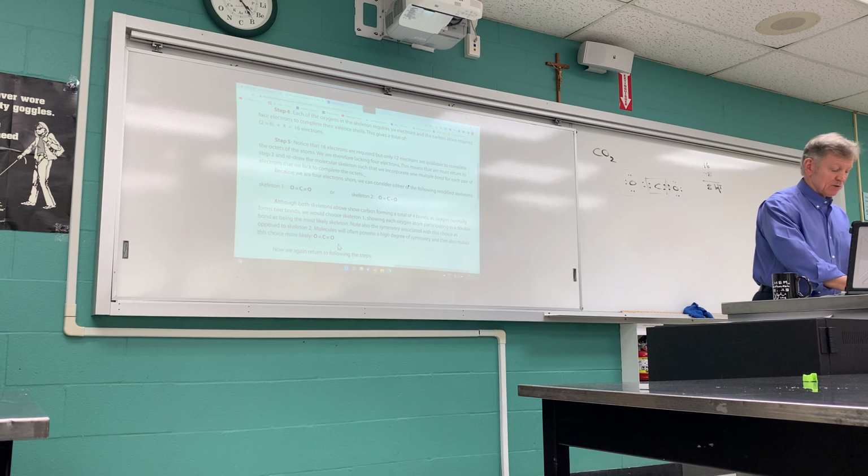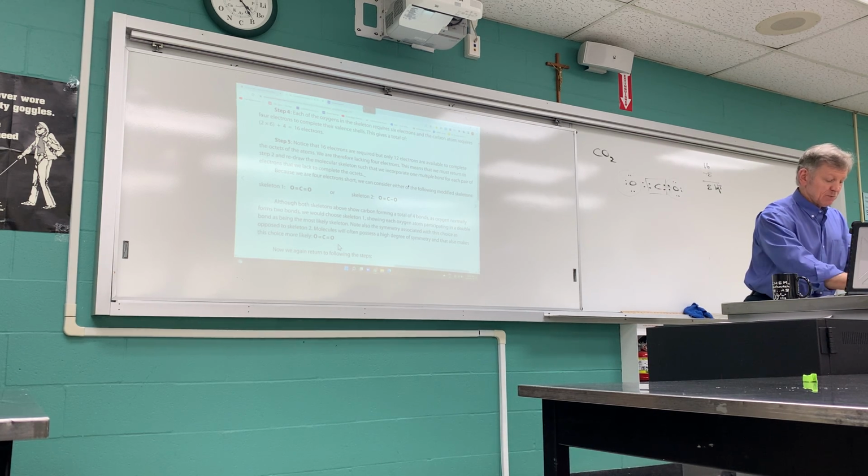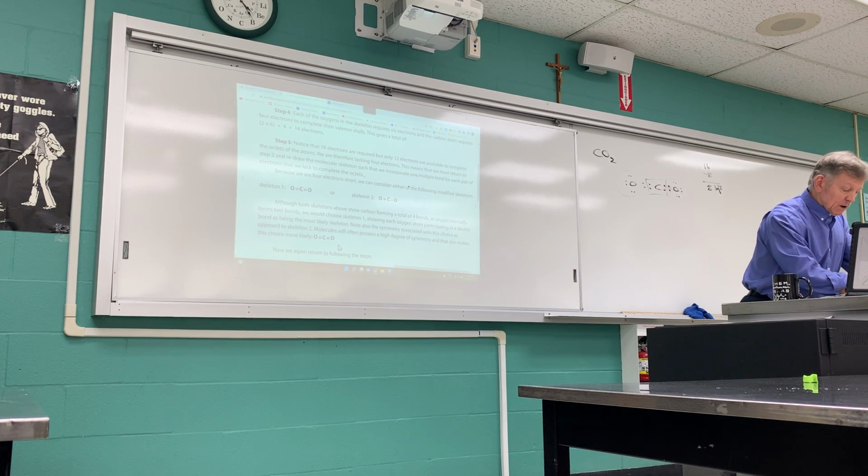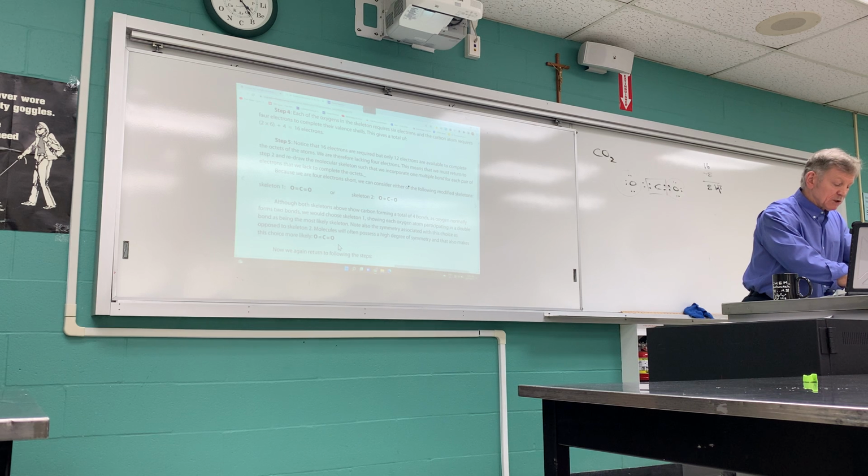If we look at the sample problem, we can do it. The sample problem tells us the actual steps. Hydrocyanic acid is produced by bubbling gas, and so on. There's 2 possibilities for the skeletons. 2 possible structures with the triple bond between carbon and nitrogen, and assign formal charge to all atoms.